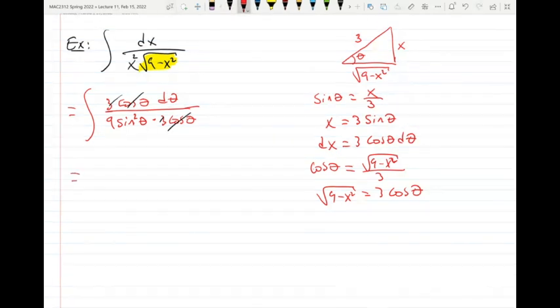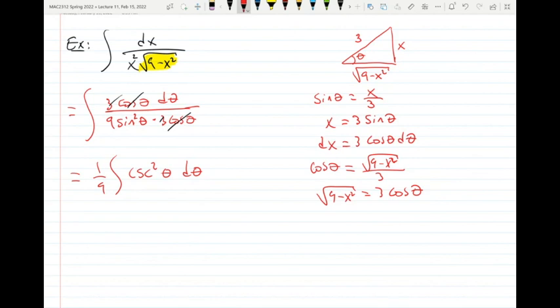So essentially, this integral becomes 1 over 9, the integral of cosecant squared. Okay? Again, we haven't done anything with cosecants, but having cosecant squared is the same thing as having a secant squared. Just remember, the integral of secant squared is tangent. What's the integral of cosecant squared? Negative cotangent, because the derivative of cotangent is negative cosecant squared.